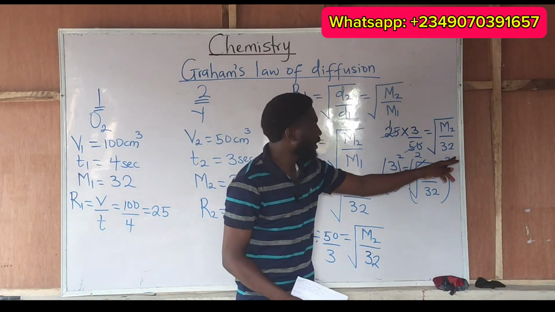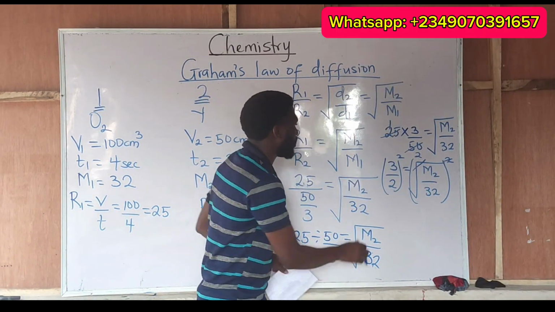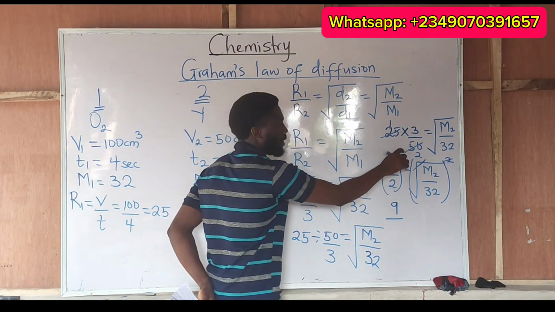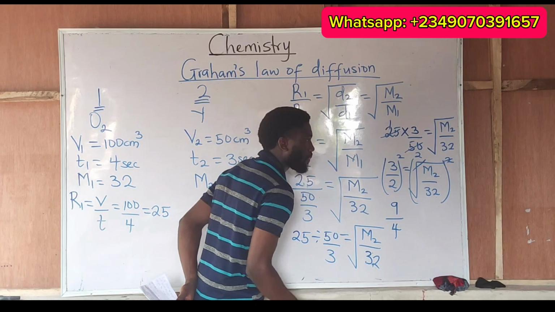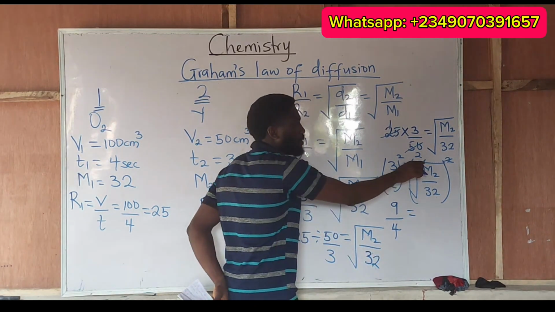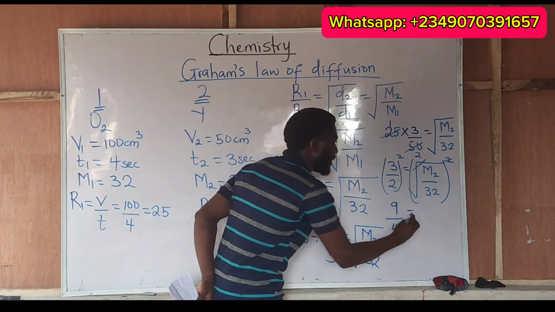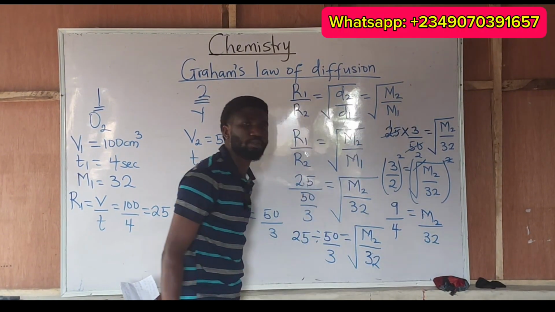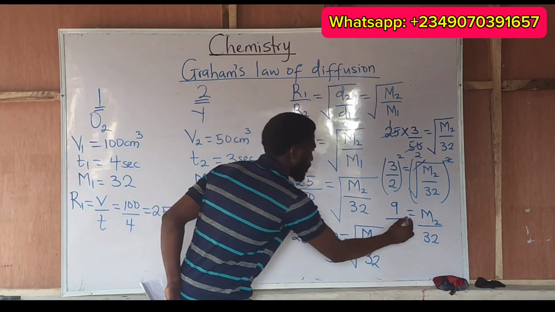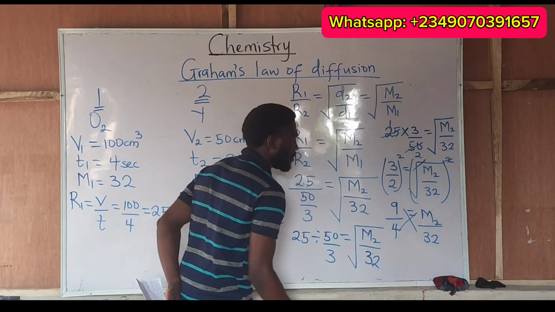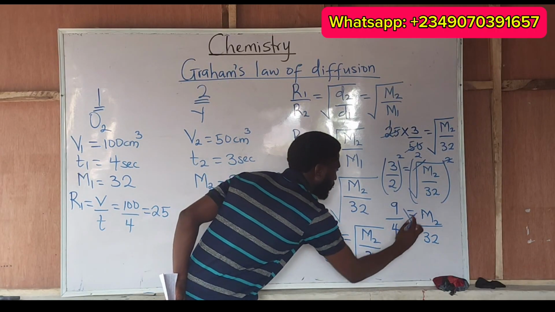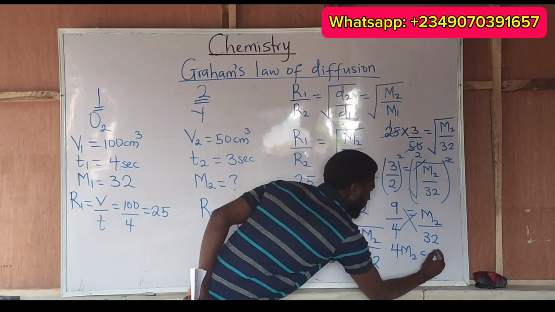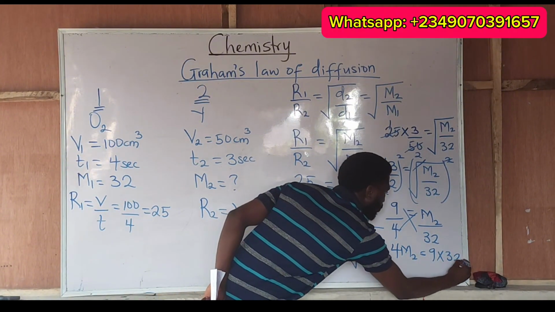So 3 squared is 9 over 2 squared, that is 4, equals M2 over 32. So what then do we need to do? Cross multiply. We are going to have 4M2 equals 9 multiplied by 32.